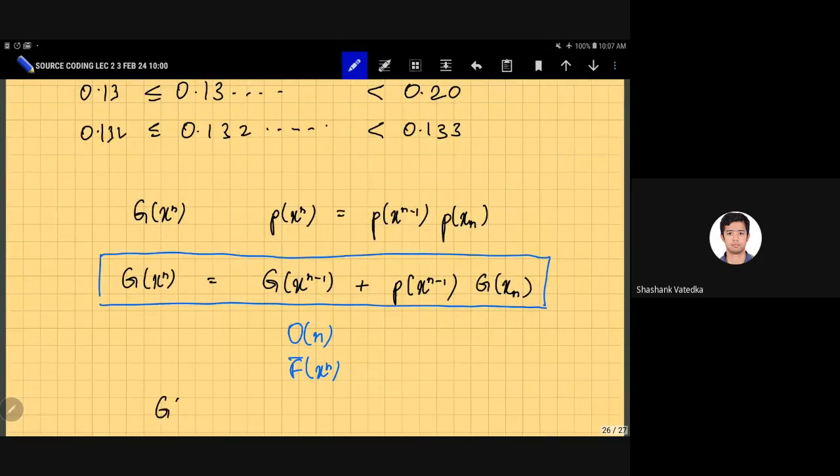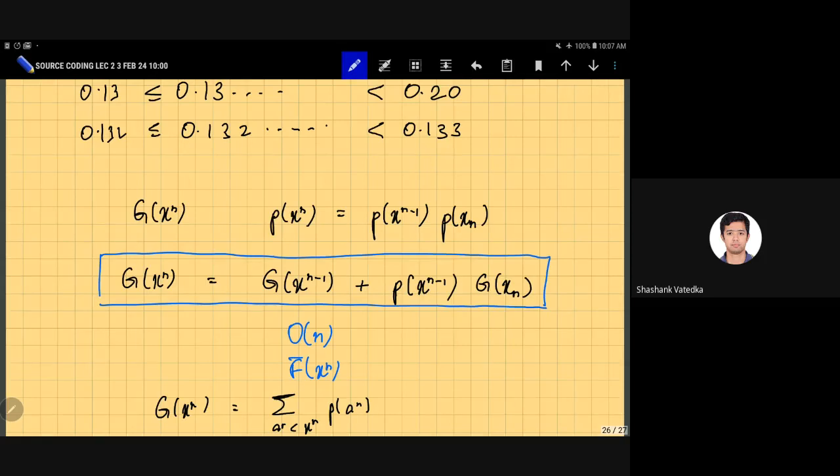Recall G of x^n is the summation over all a^n strictly less than x^n of P of a^n. Right? So this is our G of x^n, and G of x^n can be computed using this recursive formula. So G of x^n is G of x^(n-1) plus P of x^(n-1) times G of x_n.